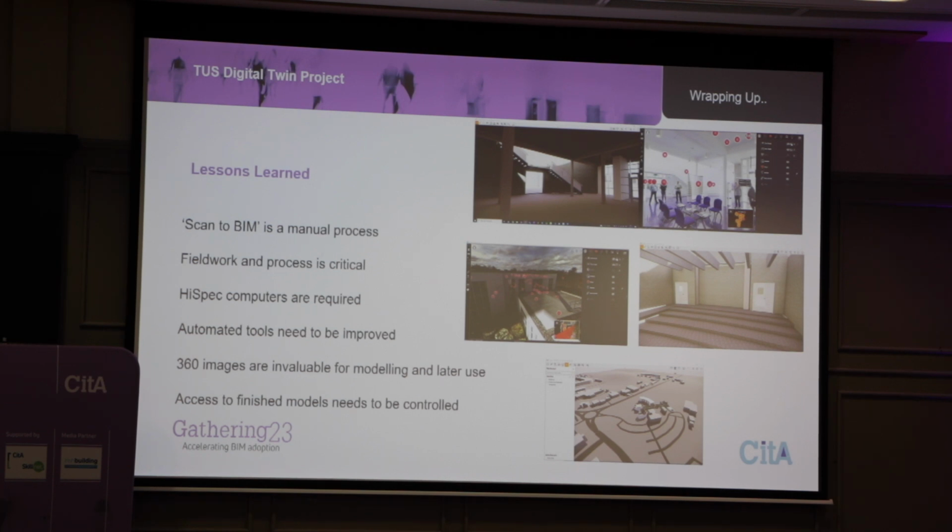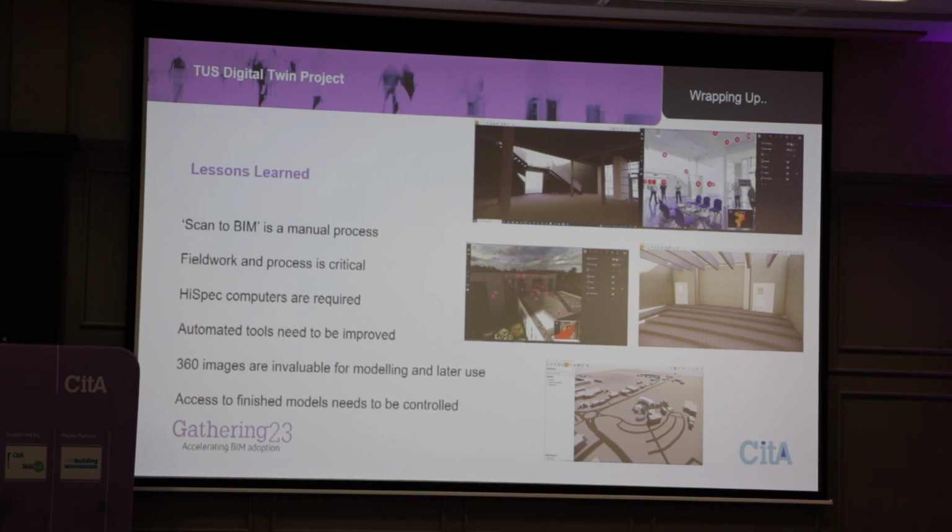As I said there, the automated tools do need to be improved, but they're on the way. The 360 images, as I've said, these were so useful to us. We found that they captured so much data, and they also allowed others to get a better sense of what we were up to, because the clouds don't always do it.